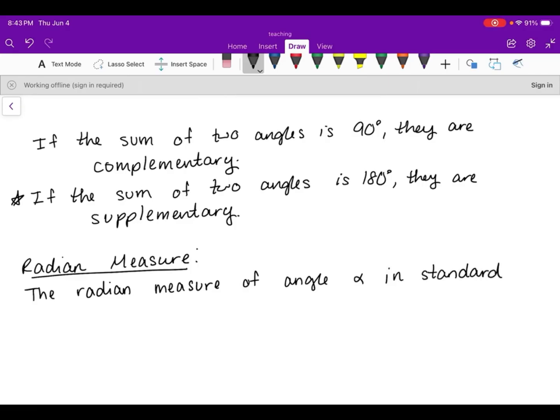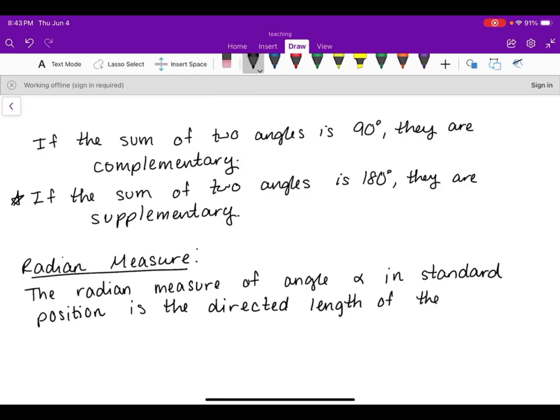Again, standard position just means that the initial side is on the positive x-axis. It is the directed length of the intercepted arc on the unit circle.